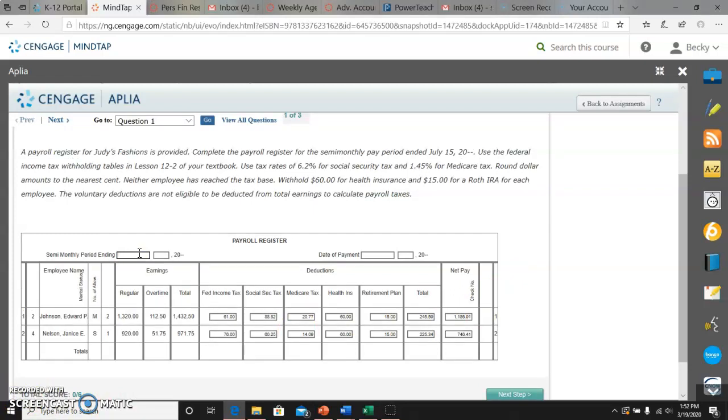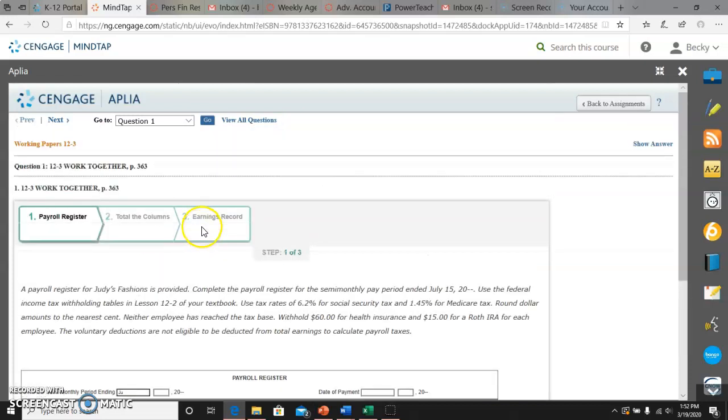And the final thing that I want to do is put in the semi-monthly pay period ended July 15th. Maybe July. Now I'm going to hit show so I see how you have to type it in.